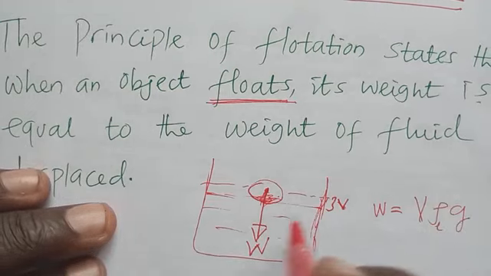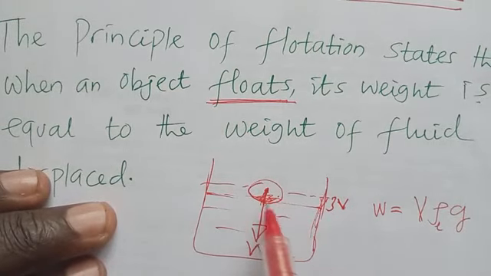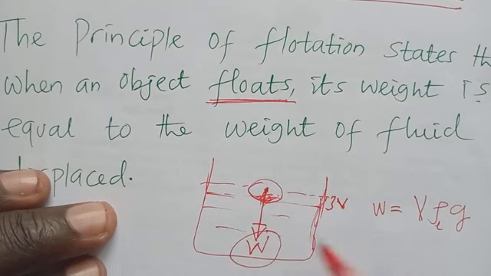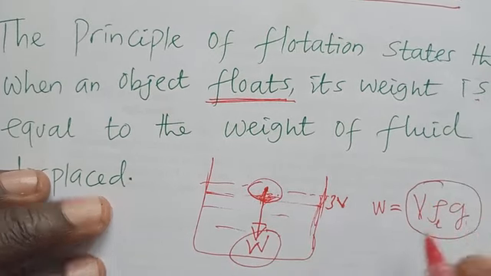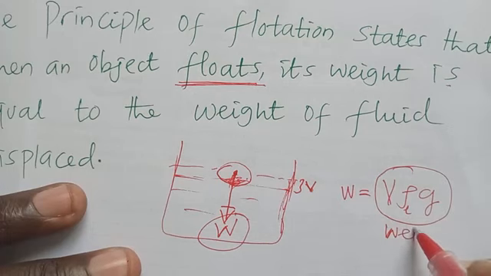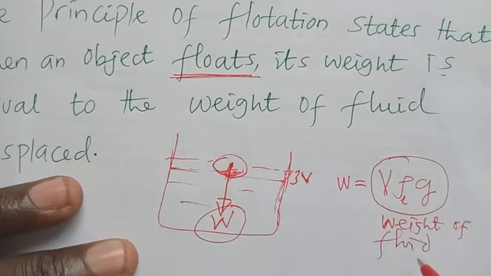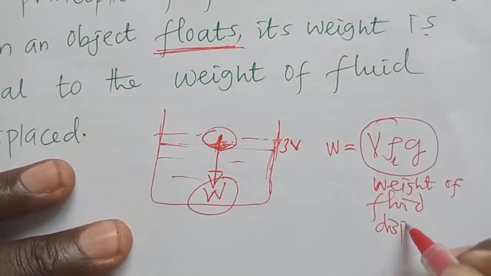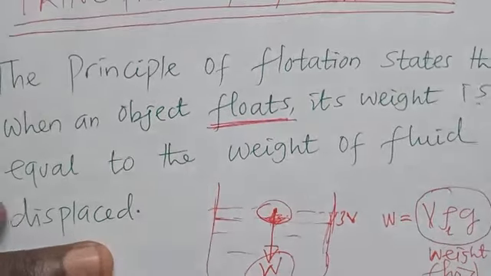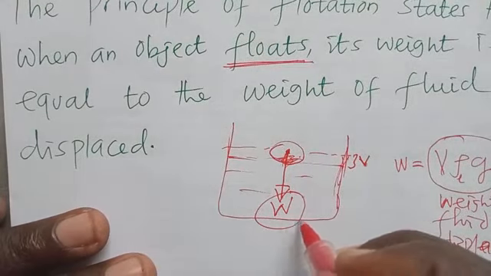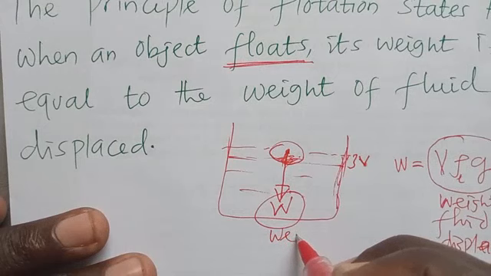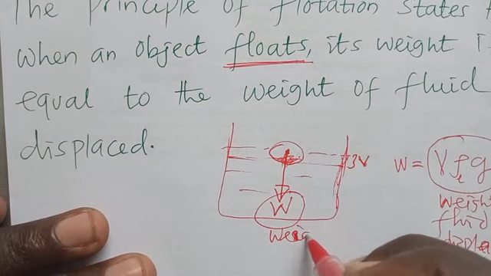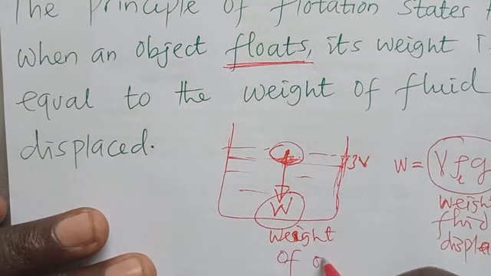So according to the law of flotation, if an object is on top here floating and does not sink, then the weight here is equal to the weight of the fluid. This is the weight of fluid displaced, and this is the weight of the object.